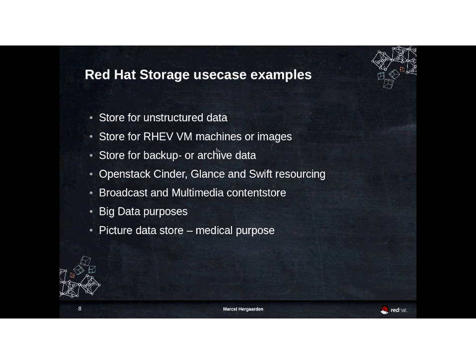Well, you can use it as a store for unstructured data, and that can be all kinds of data except for database data. You can also use it as a store for RHEV virtual machines or RHEV images, and that means that virtual machines inside RHEV can live on Redis storage, bringing also the capabilities to run it on-premise, in the cloud, etc., and also move your images between both.